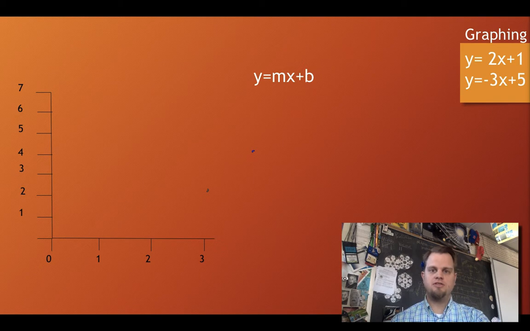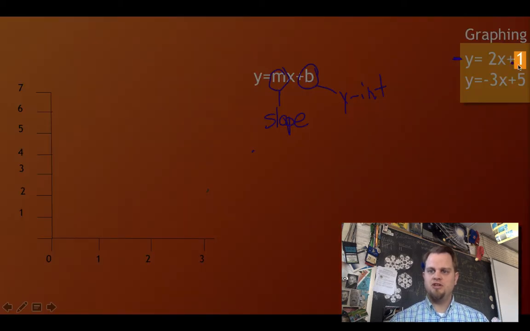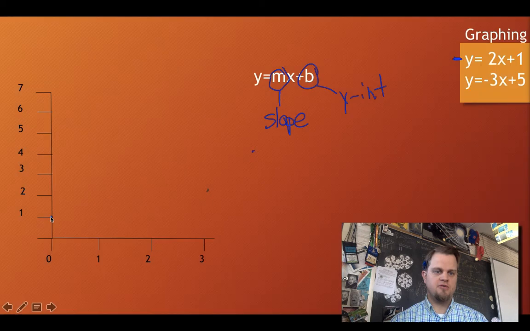Alright, but let's say we were graphing something like this. With y equals mx plus b, that m is the slope and b is the y-intercept. Okay? So, if we were to graph one of them, let's say we graph this one first. y equals 2x plus 1. 1 is your y-intercept, so you can already go over here and plot 0, 1 as your first point. Now you also know that the slope is 2, which, if you remember, slope is the change in y over change in x.